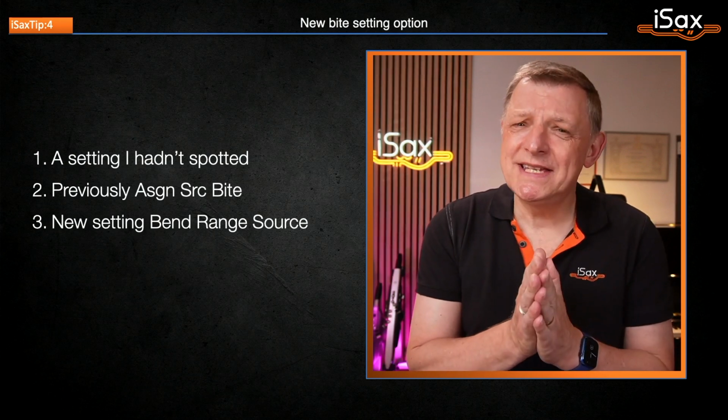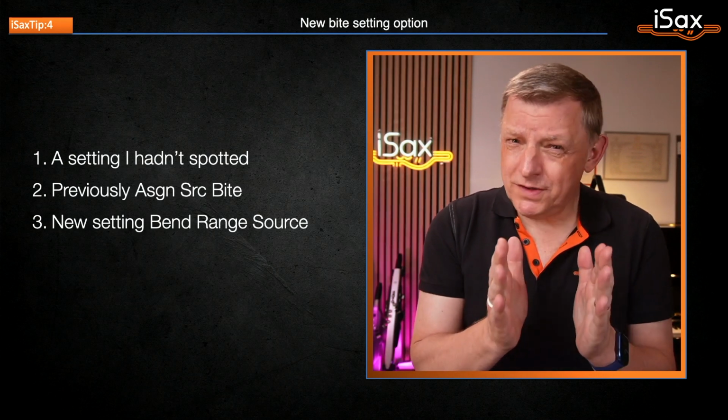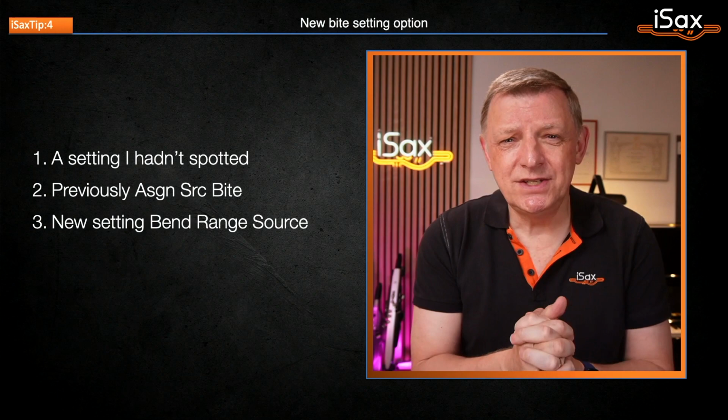Now, let me try and explain what the difference is with these two settings then. What I've worked out is that this new setting of bend range source is purely about the way our pitch responds to our lip movement.